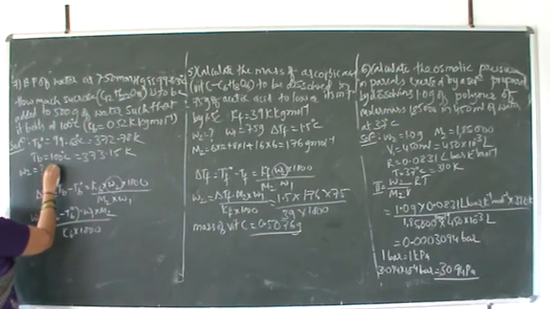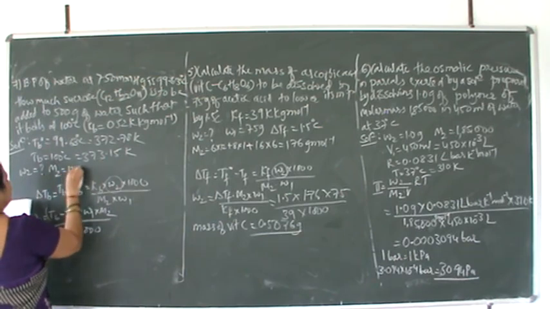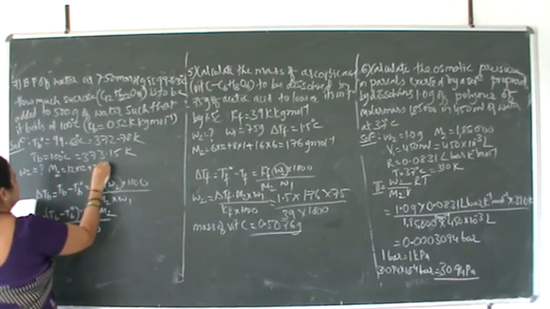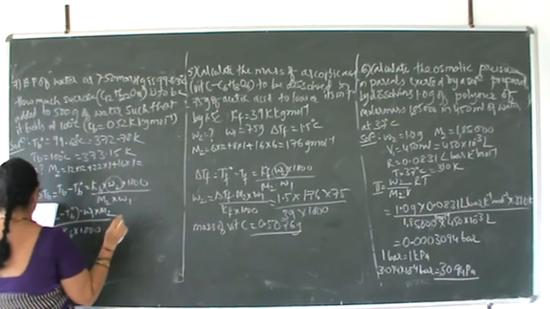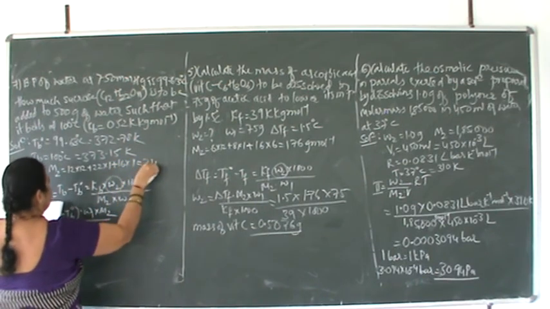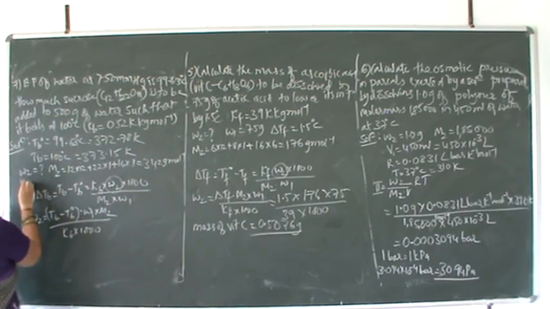W2 is equal to question mark. M2 is equal to 12 into 12 plus 22 into 1 plus 16 into 11. Totally it is 342 grams per mole. And W1 is 500 grams.